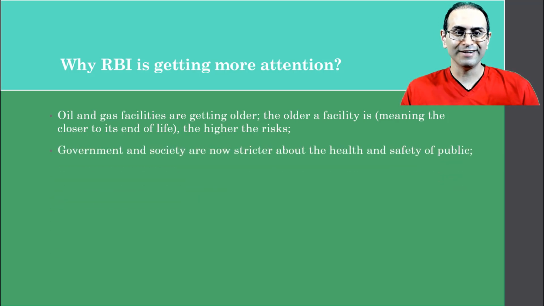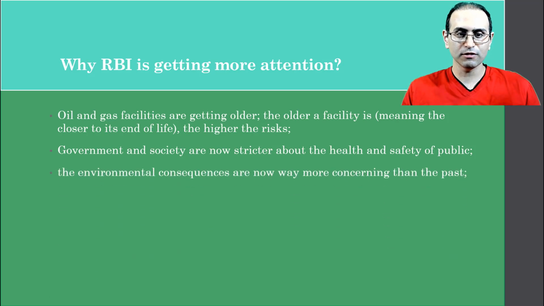Government and society are now stricter about the health and safety of the public. Thirty or 50 years ago, even in North America, if there was an explosion, some people would die, and it got some coverage in the local news, and that could be the end of the story. Today, if there is an explosion and just one person is injured, you hear about it everywhere, in all the media, especially social media. The environmental consequences are now way more concerning than in the past.